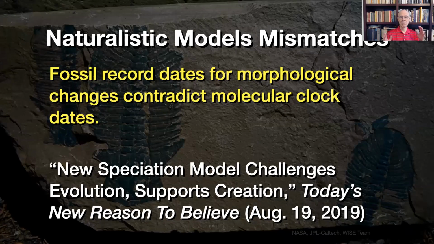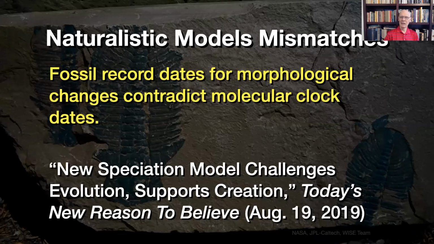So we see massive discord between the dates you get from the fossil record and the dates you get from the molecular clock. And it is recognized in the evolutionary biological literature that the fossil record is the most reliable. You're getting the most reliable dates from the fossil record. You can actually see the morphological changes, and we've got good dating tools to determine when those happen. And so what is really being questioned is the molecular clocks.